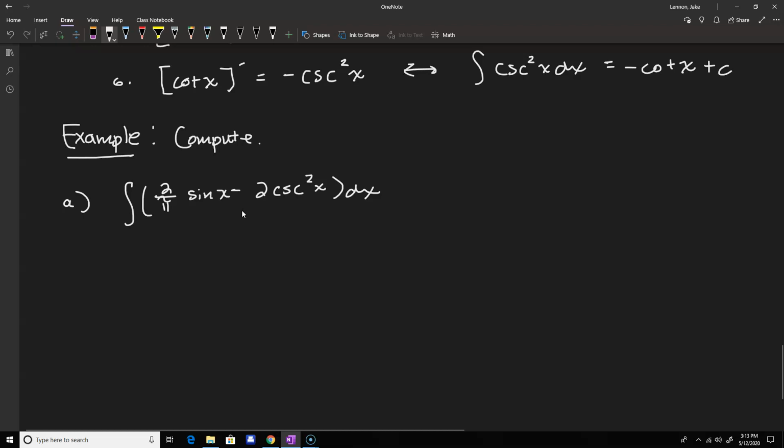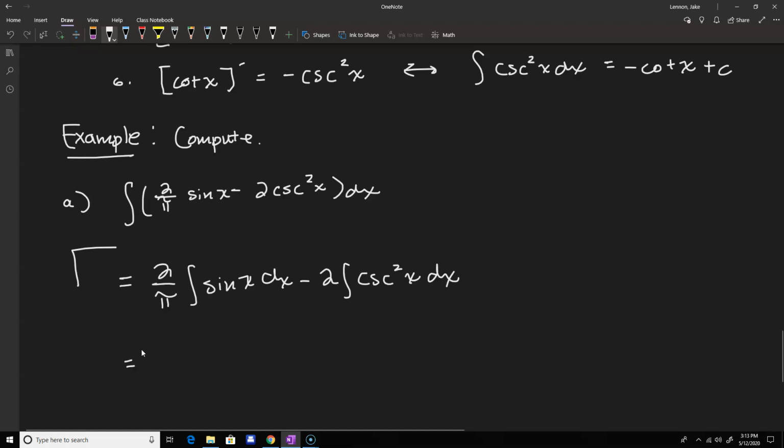Anyhow, the first thing we want to do for this one is break up the integral. You can break it up using the sum and difference formulas that we talked about. So we can write this as 2 over pi integral of sine of x dx minus 2 integral cosecant squared x dx. And now we can apply the integral formulas separately.